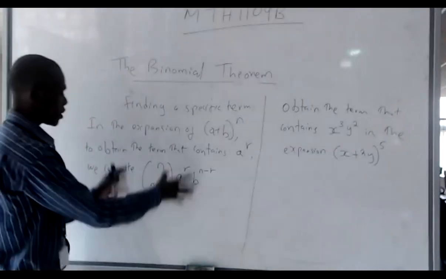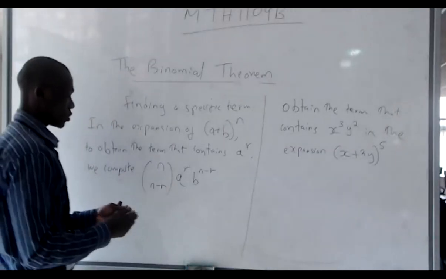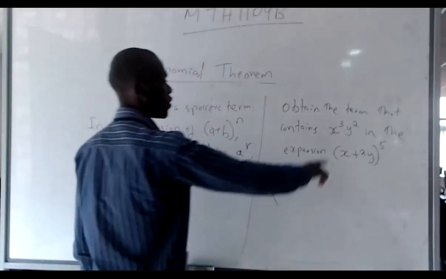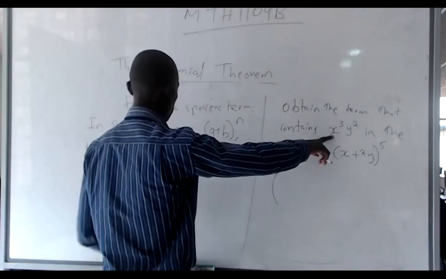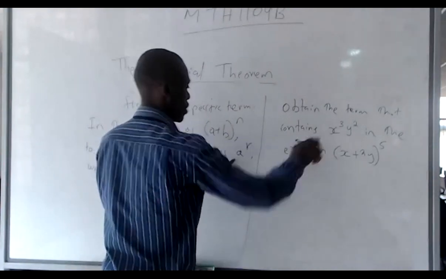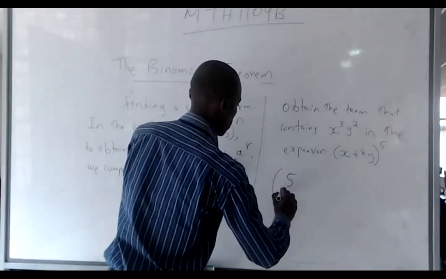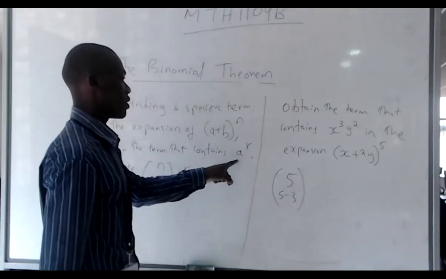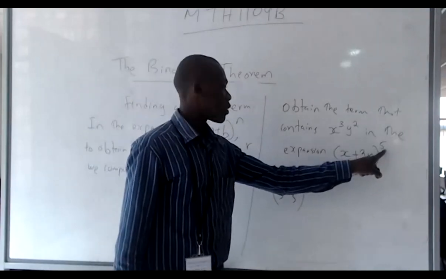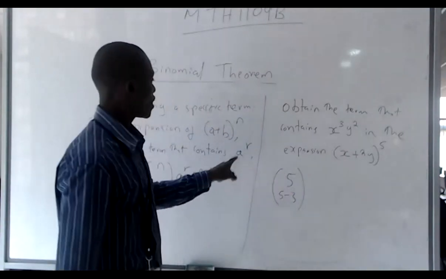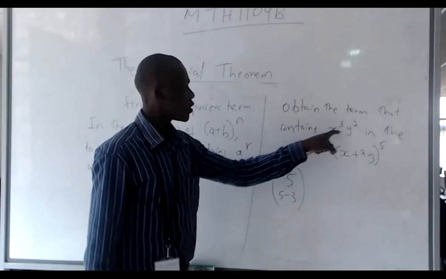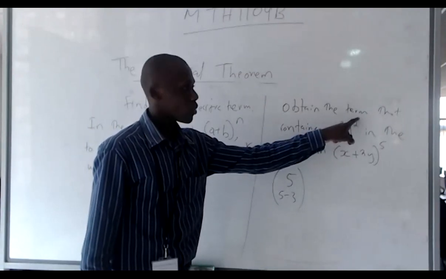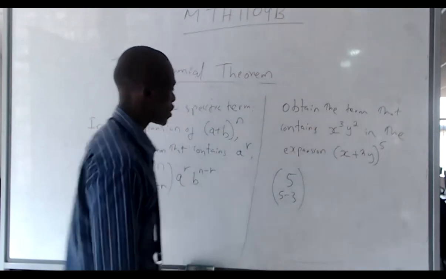So of course, straight away, the rule tells you what you need to compute. I'm looking for x cubed. I can choose x cubed as my A to the R. So I need to compute 5 combination (5 − 3), where my N is 5, because it's raised to 5. My A to the R is x cubed, because I'm looking for a term that contains x cubed. Automatically y squared will come, but I could also use y squared. I've decided to choose x cubed.